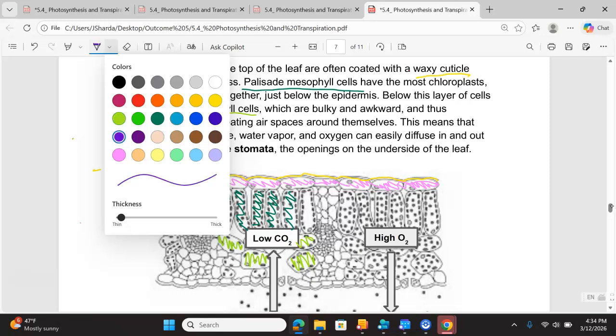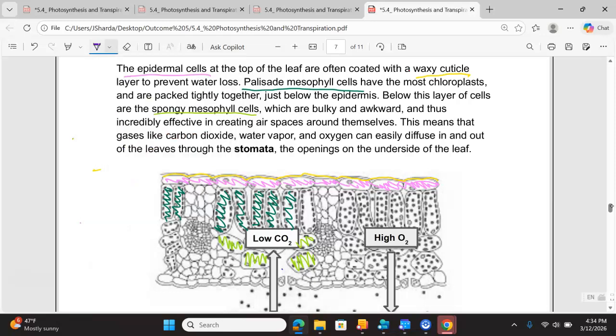Let's make that purple. Okay, the stomata are actually the openings between what we call guard cells. Okay, these two cells right here, those are guard cells. And the opening is the stomata between them.